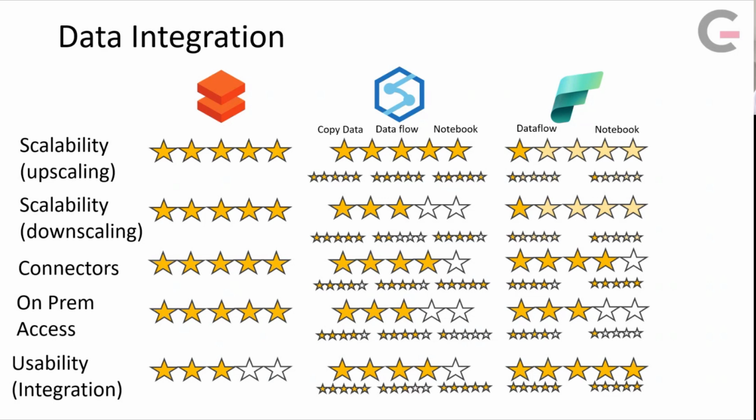For Synapse, it's a bit different because on the copy data task, you can use very, very small CPUs, but on the data flow side, even the smallest cluster you can use has 8 vCores and is probably super overpowered for a few thousand lines. And regarding notebooks, it's a bit the same, but here the smallest cluster has still 4 vCores.